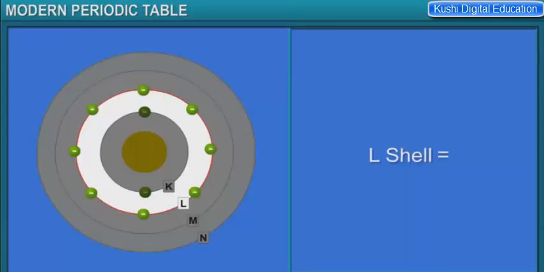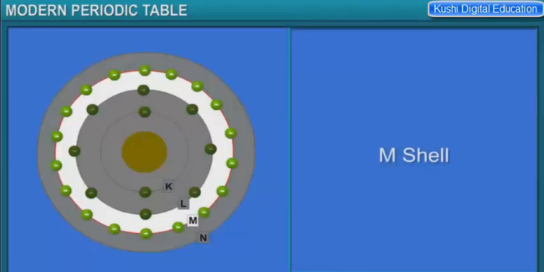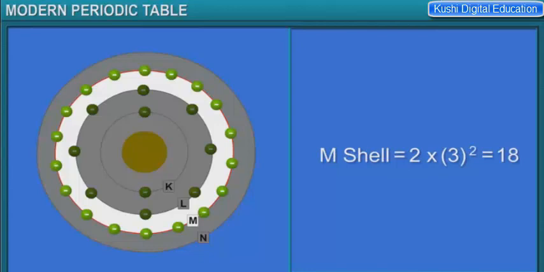L shell is equal to 2 multiplied by 2 raised to the power of 2, which is equal to 8. Hence the second period has 8 elements, that is, lithium, beryllium, boron, carbon, nitrogen, oxygen, fluorine, and neon. M shell is equal to 2 multiplied by 3 raised to the power of 2, which is equal to 18.